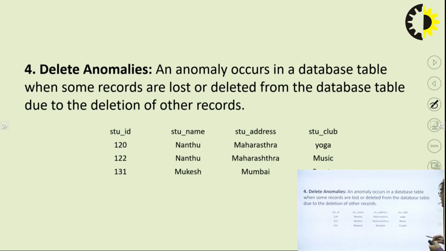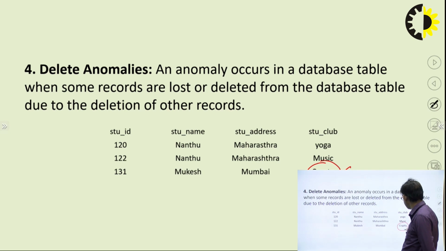The last one is delete anomalies. What will happen in a delete anomaly? Let's suppose again I am taking the student table with the following records. Let's suppose that for some reason this course, crypto, is deleted, because the course has ended.